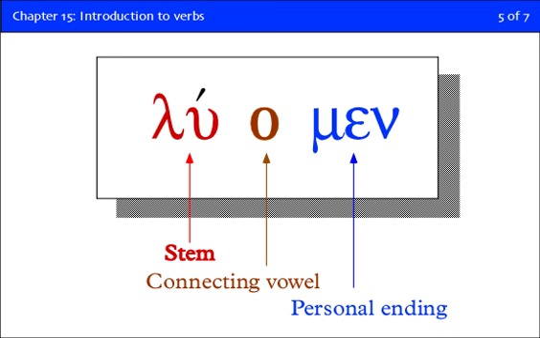In this particular case, you have a stem, which is lou, and then you have something called the connecting vowel, which in this case is omicron, and then you have what's called a personal ending, and it's the personal ending that indicates person and number. And so Greeks stick all that together, and you get luomen, which means we are destroying, we are loosing. So they take their verbs and they stick pieces together.